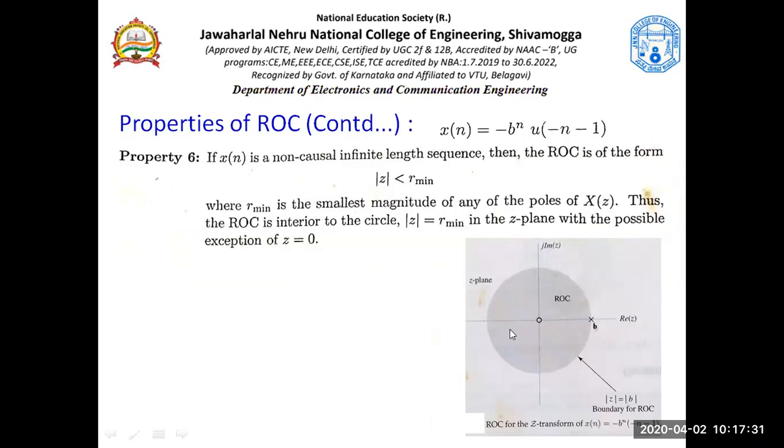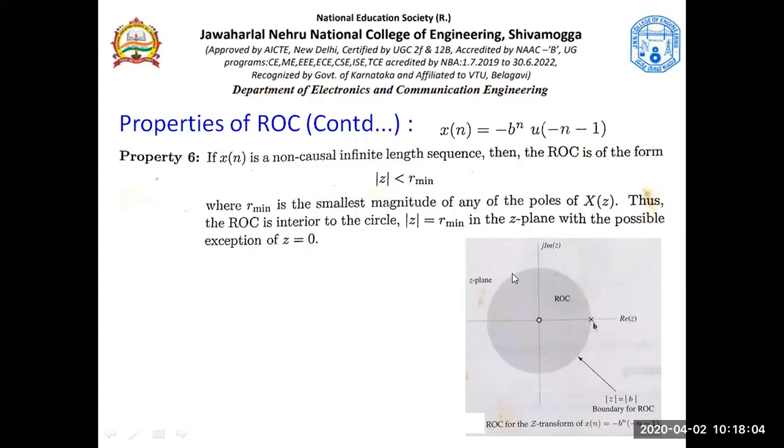Another example that we could see here is the region of convergence plot for the negative time exponential. See here, the negative time exponential. So what is the region of convergence? Region of convergence is within the circle with radius b. Again, this pole b is on the boundary of ROC, it is not within ROC. You can see here there can be a zero within the region of convergence, but there cannot be a pole within the region of convergence.